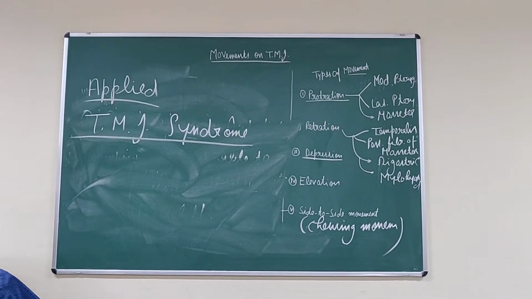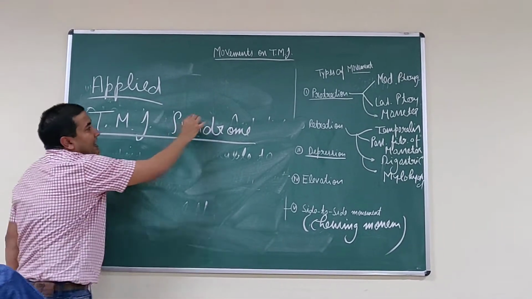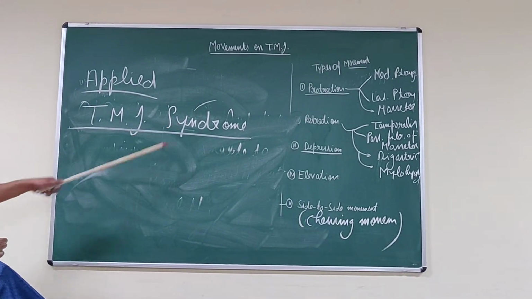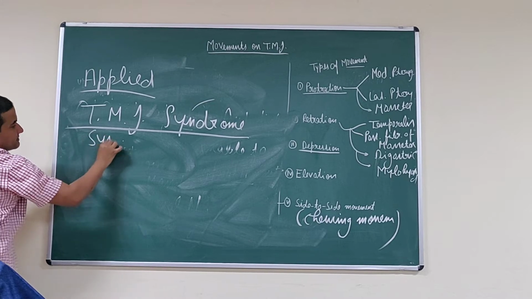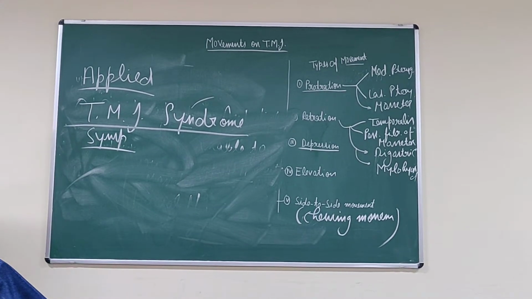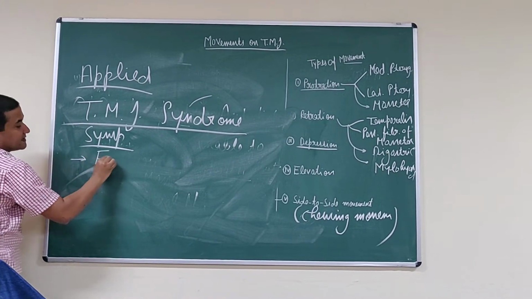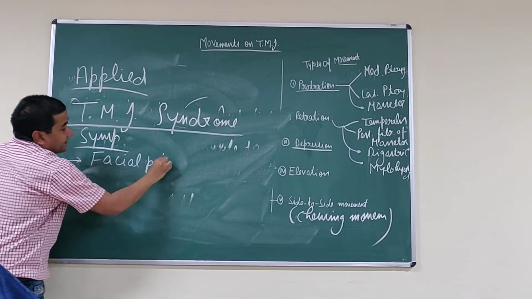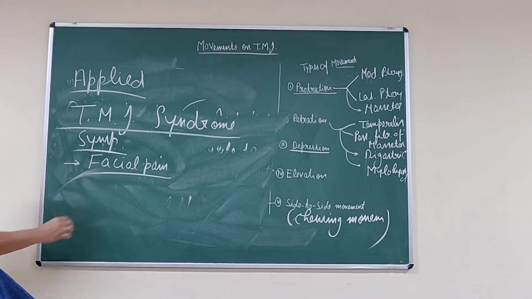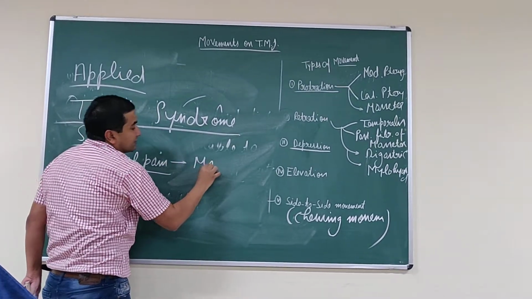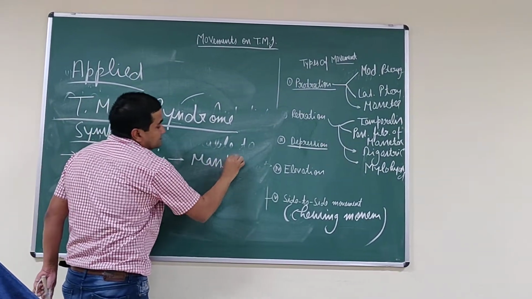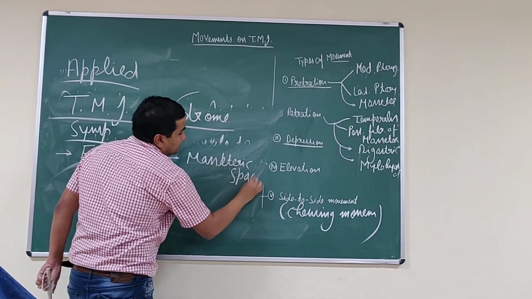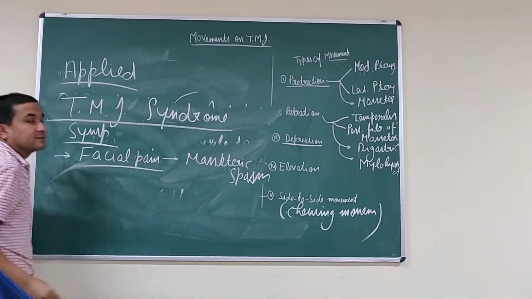This syndrome is associated with this joint as well as the muscles of mastication. In this temporomandibular joint syndrome, the symptoms you can see are diffuse facial pain, and this diffuse facial pain is due to masseteric spasm.